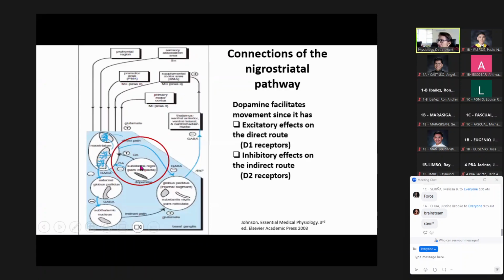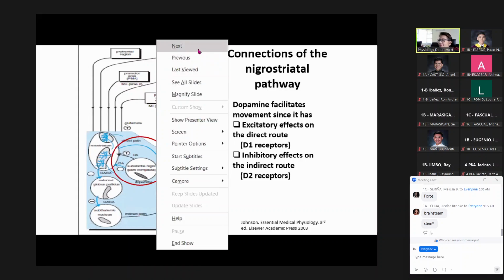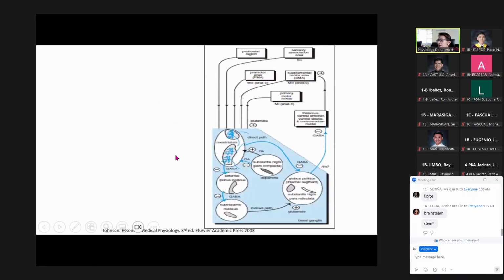So your dopamine through your D1 receptors will have excitatory effects on the direct pathway, and through the D2 receptors, it will have inhibitory effects on the indirect pathway. So this is the normal. I gave this to you in the asynchronous. Sabi ko sa inyo, 'di ba?